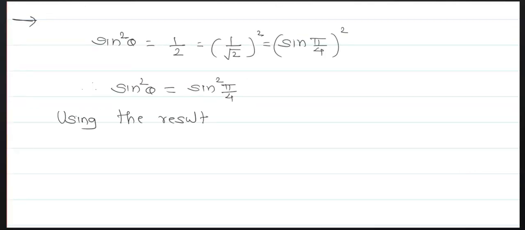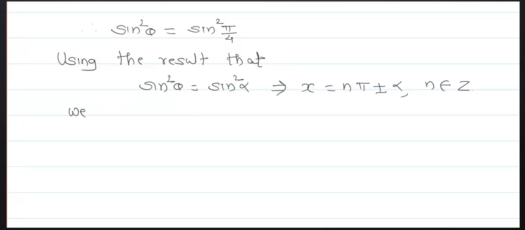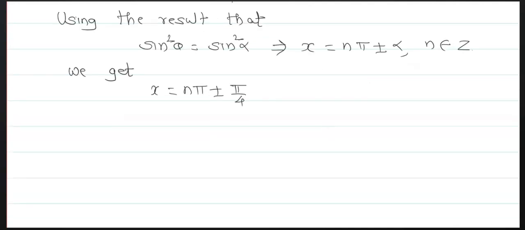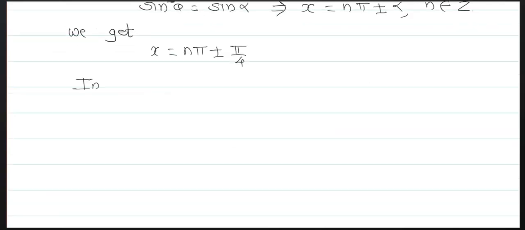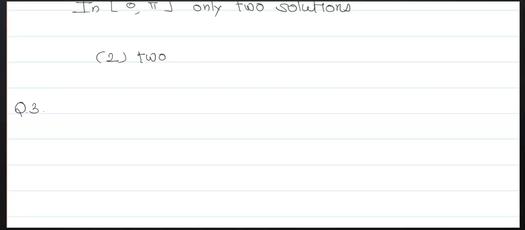We are using the result that sin square theta is equal to sin square alpha implies x is equal to n pi plus or minus alpha where n belongs to Z. We get x is equal to n pi plus or minus pi by 4. In 0 to pi, only two solutions, therefore 2 is the answer.